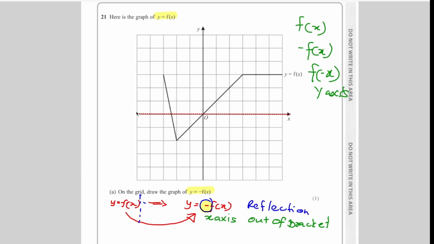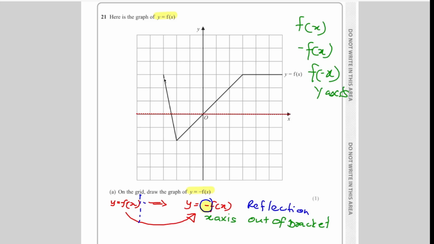Now consider how to draw this image. When drawing the image, this is the way we draw it. All the below one of the x-axis should be reflected to the above the x-axis. All the above stuff should be reflected to the below of the x-axis.